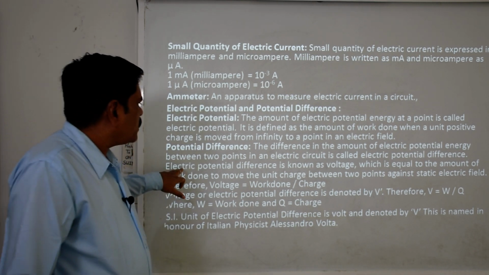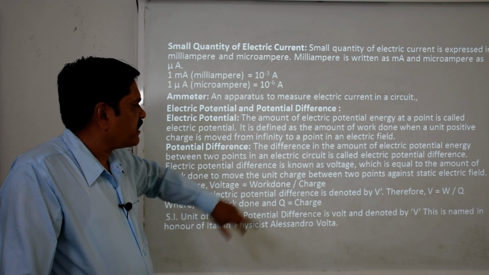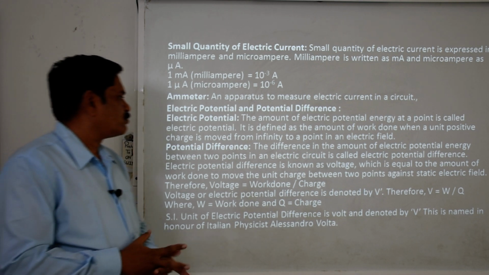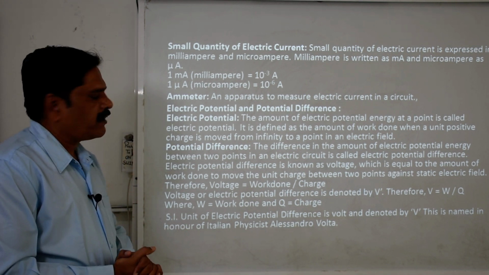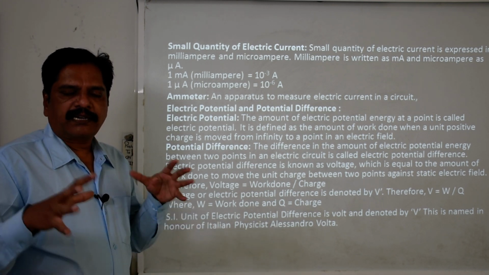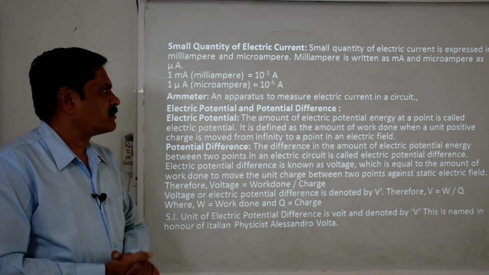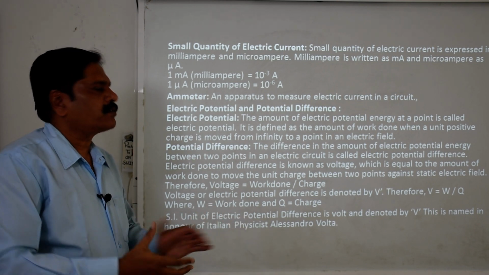Now, this electric potential difference is known as the voltage, right? It is denoted by the capital V, and it is equal to the amount of work done to move a unit charge between the two points against the static electric field. So what is the condition? This electric field should be static in nature, and you move this charge in a particular direction for a particular distance.